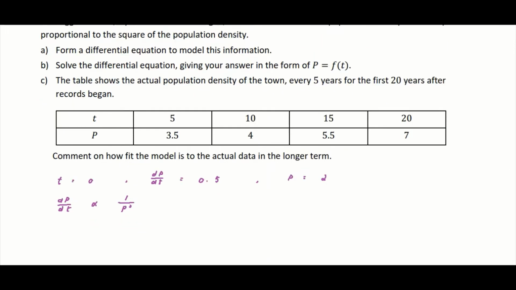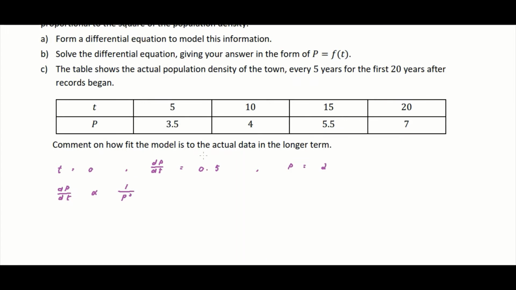So let's look at A. Form a differential equation to model this information. Same thing, we need to form the differential equation. So dP/dt will be equal to k over P squared. You need to get rid of the k here as well. How can you do that?